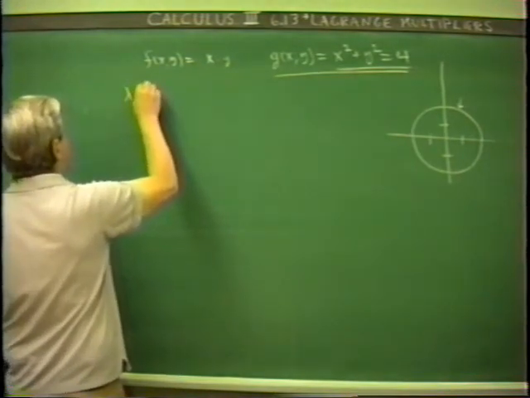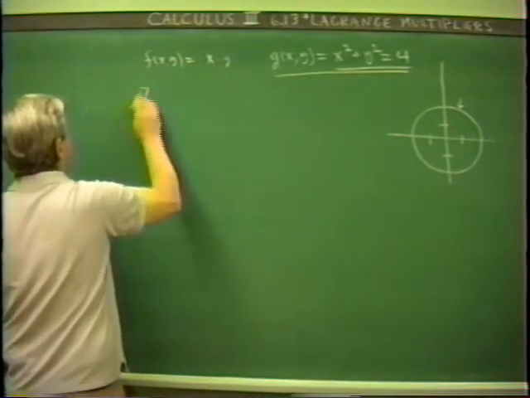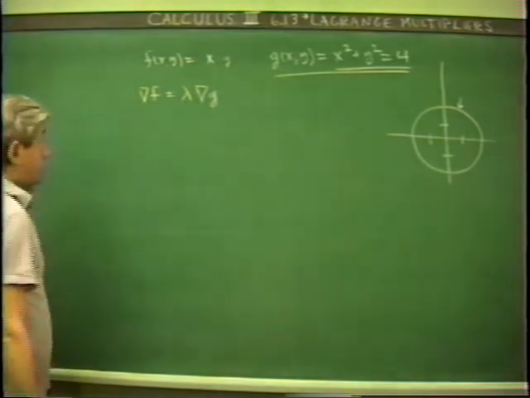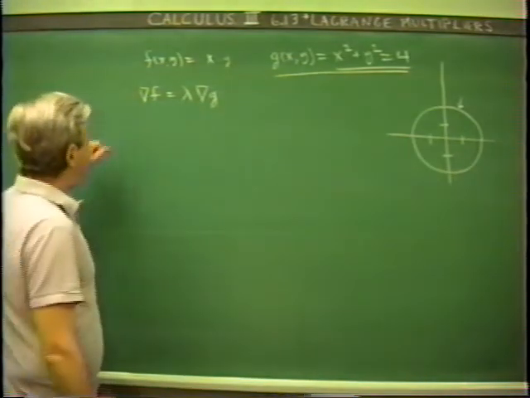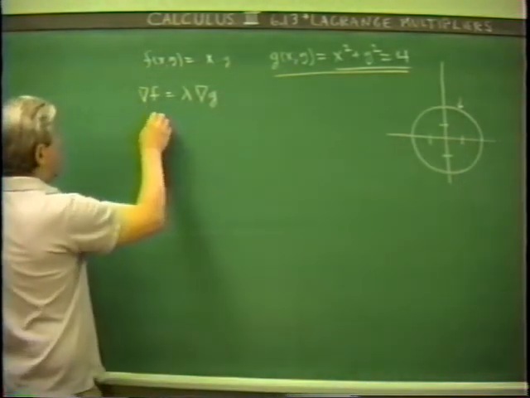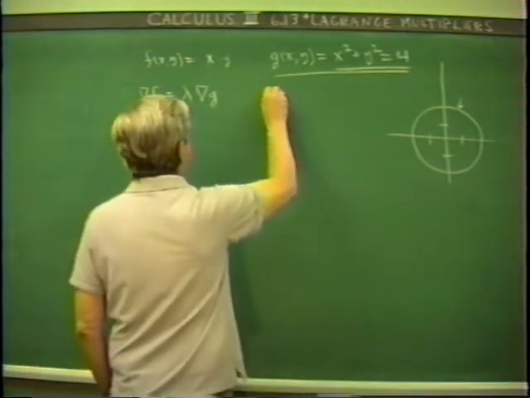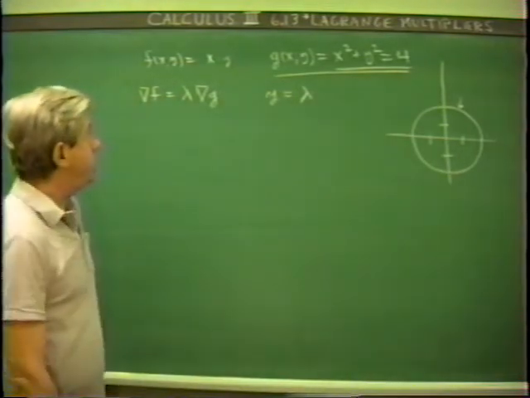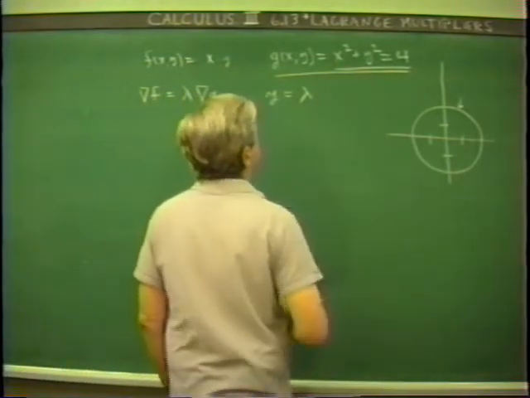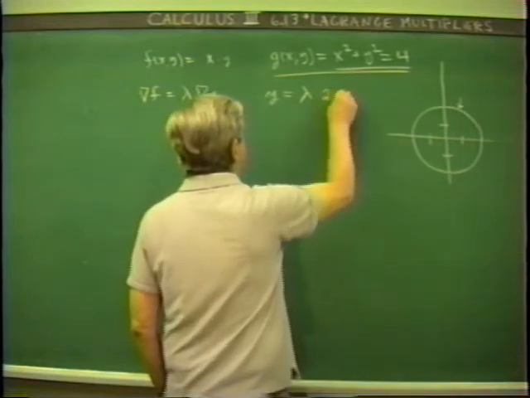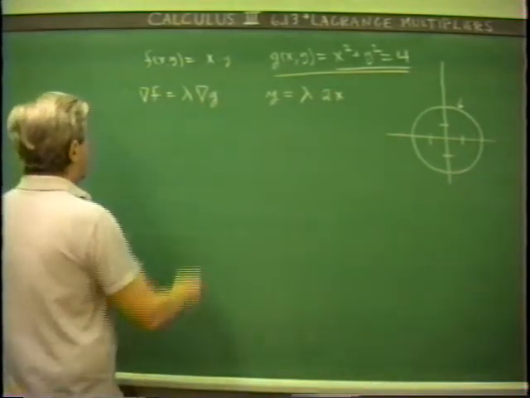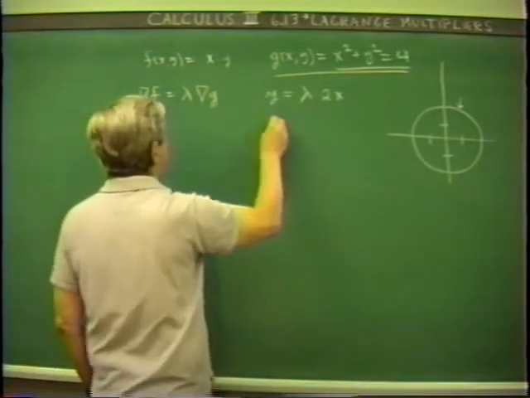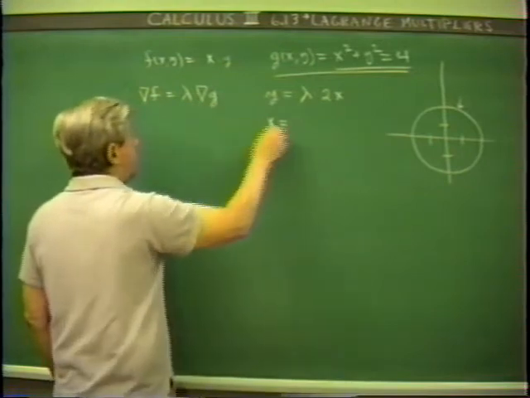All right. So what we do is we take as one of our equations that x squared plus y squared is equal to 4. And for the other equations, we take lambda gradient f is equal to lambda gradient g. The gradient of f is the partial of f with respect to x, which is y, and this is supposed to be equal to lambda times the partial of g with respect to x, which is 2x.